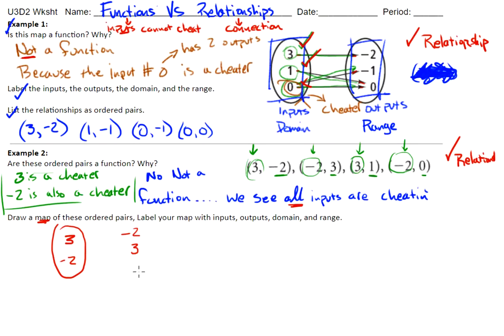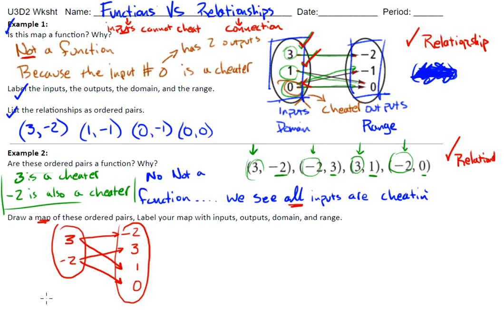My third one is 1. And my fourth one is 0. Now we have to connect them. So 3 goes to negative 2. Negative 2 goes to 3. Then 3 goes to 1. And then negative 2 goes to 0.